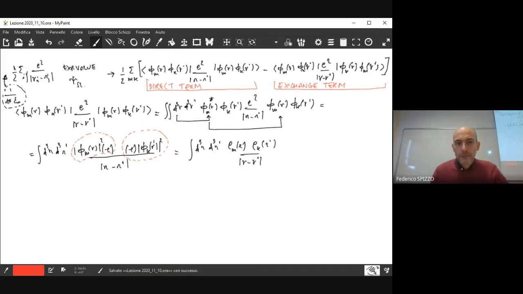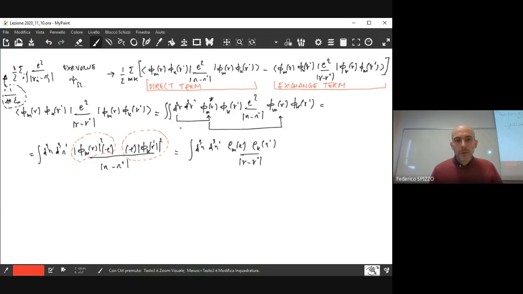I would like to point out another thing that I never included in the equations, and this is the spin component. If you remember, I told you that the full expression of the wave function should depend both on the position coordinate of the electron and on the spin coordinate of the electron.